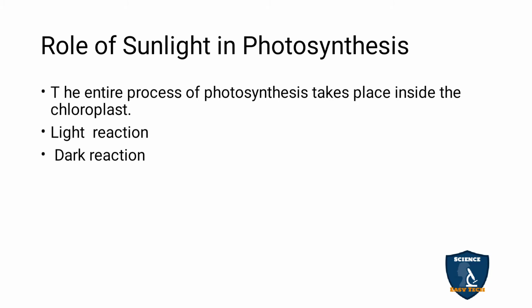The entire process of photosynthesis takes place inside the chloroplast, and it has two reactions, light reaction and dark reaction. It may be written as: the light dependent reaction is called the light reaction, and the dark reaction is called the light independent reaction.